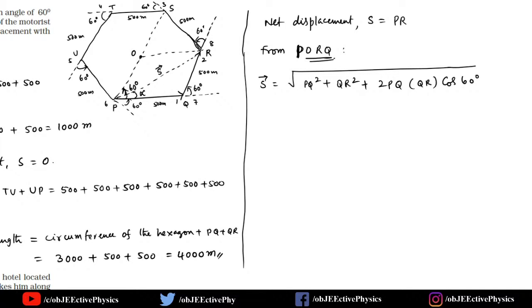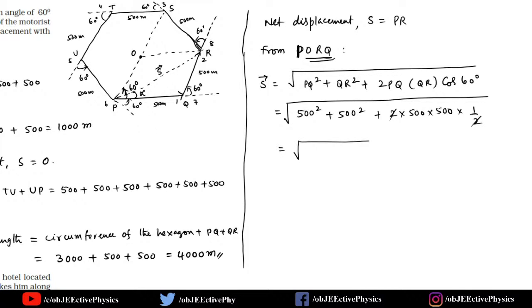That is equal to the square root of 500 square plus 500 square plus 2 into 500 into 500 into 1 by 2. So the 2 cancels, and that is the square root of 500 square plus 500 square plus 500 square. That is 3 into 500 square, or that is equal to 500 root 3.